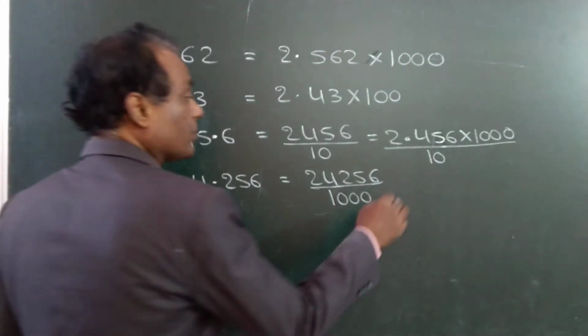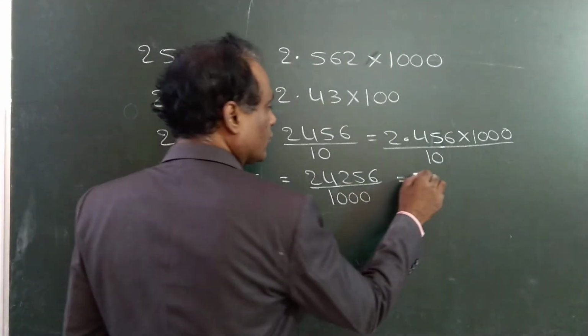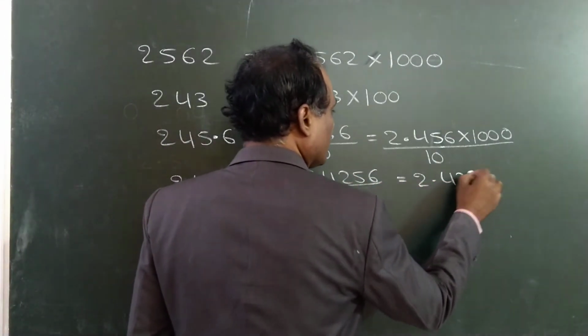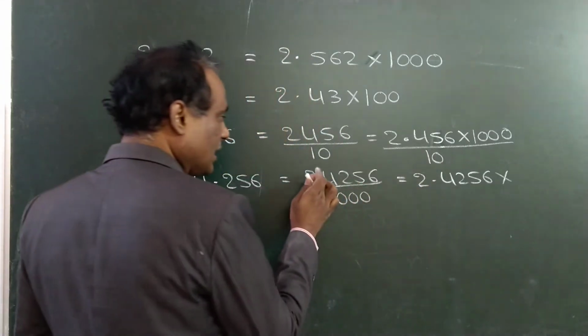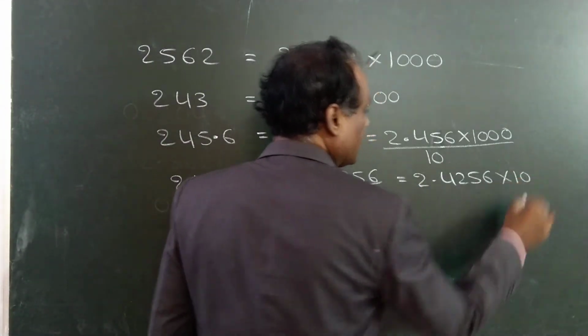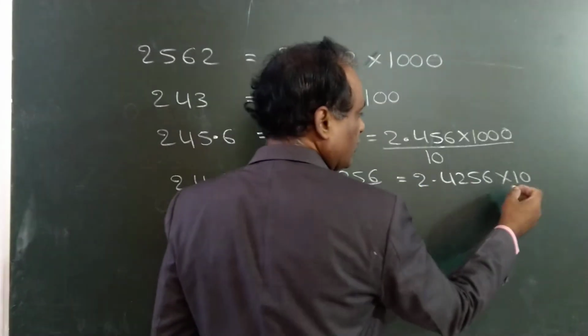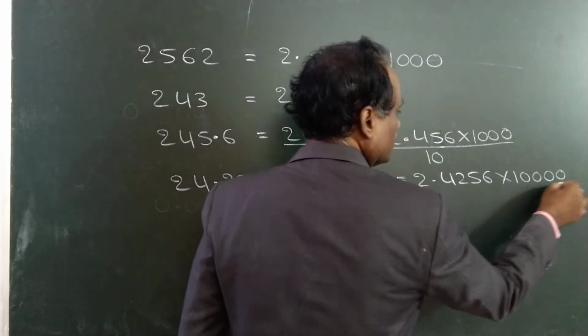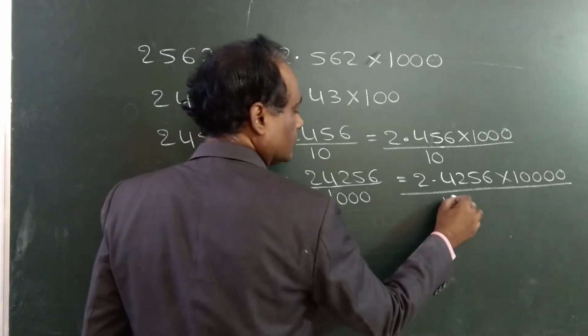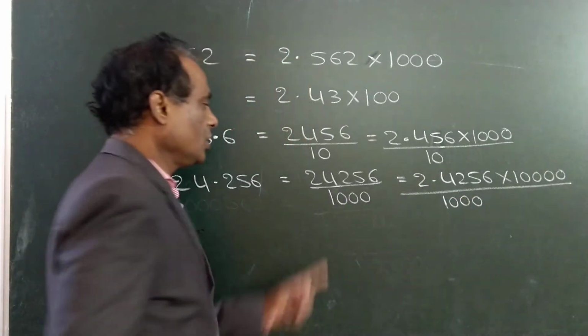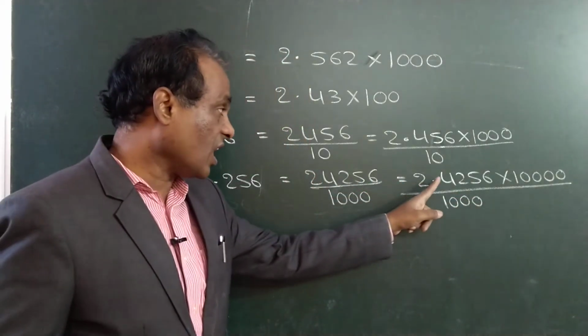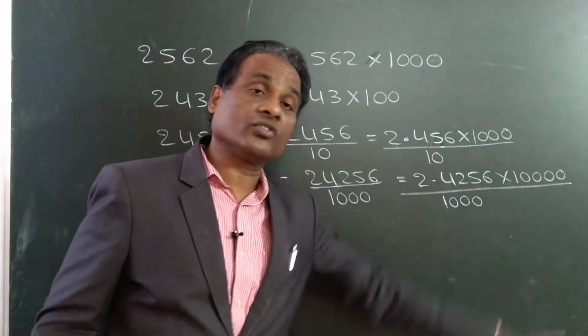Now, where do we have to keep the decimal? After 1 digit, so 2.4256. I want the decimal here. If you keep the decimal here, after the decimal 4 digits, so 4 zeros you write.